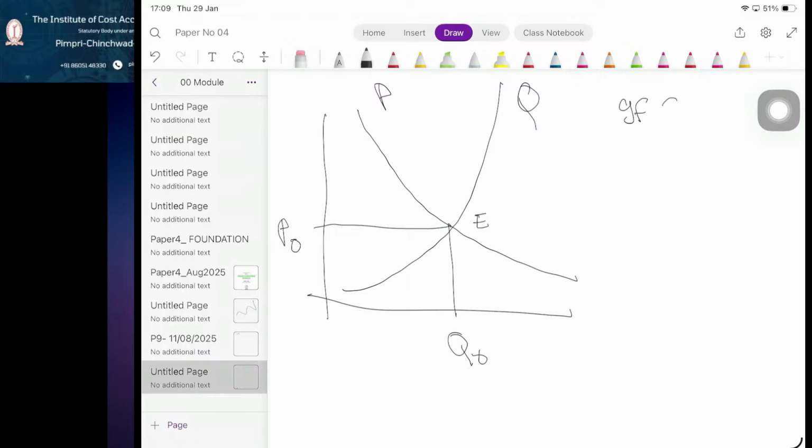If supply is constant and demand increases, what will be the effect on the equilibrium price and equilibrium quantity?